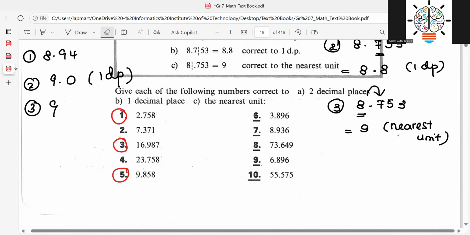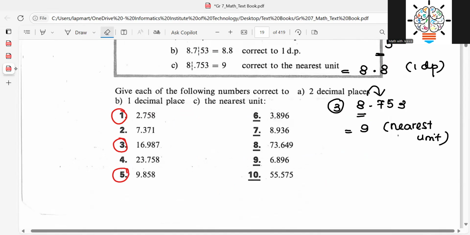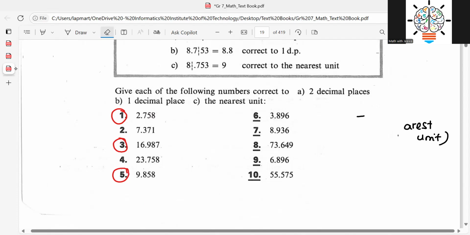So you want to do these sums, right? Mark the question numbers. Question 1, 3, 5, 7, 9. So these 5 questions, right?